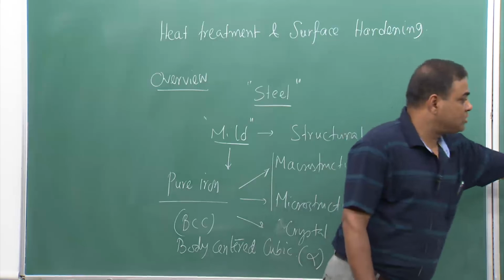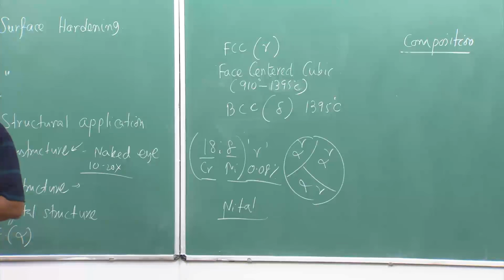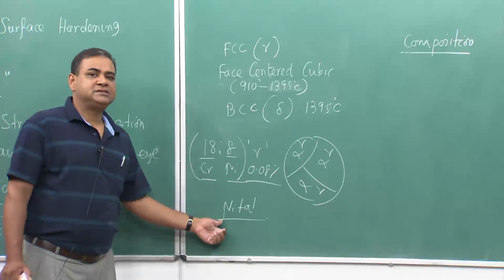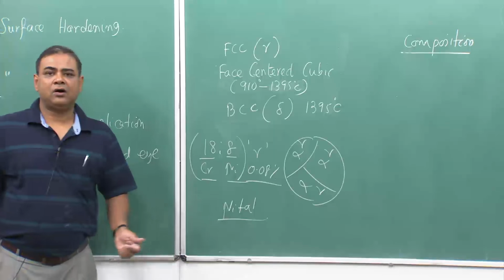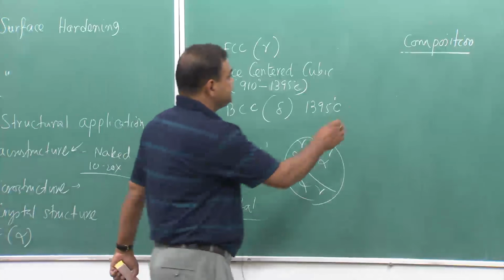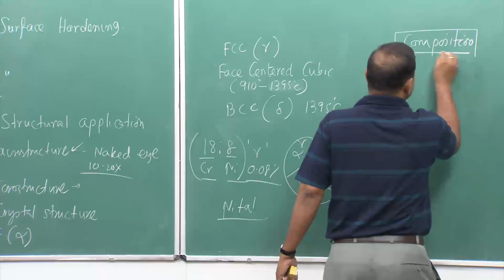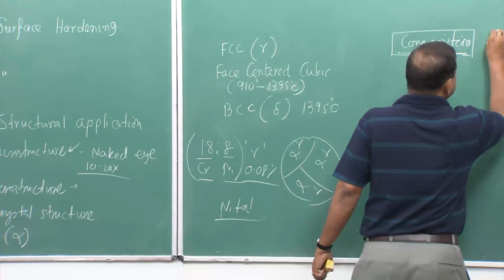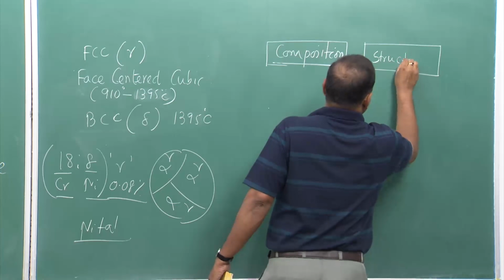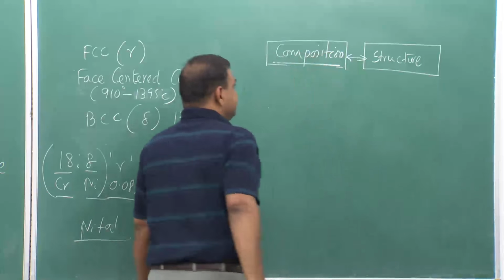And then later on we saw how the microstructure looks, and the microstructure can be obtained by etching in nital and seeing under an optical microscope. Now, that means if we see composition and then we see structure, they are intricately related.